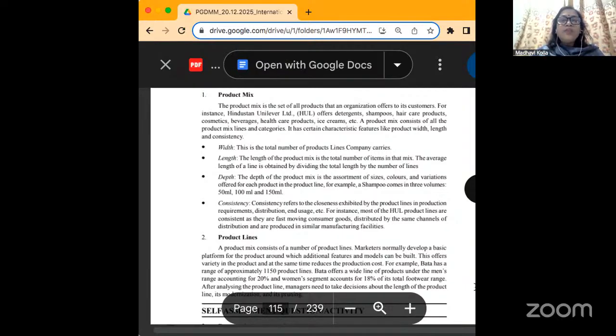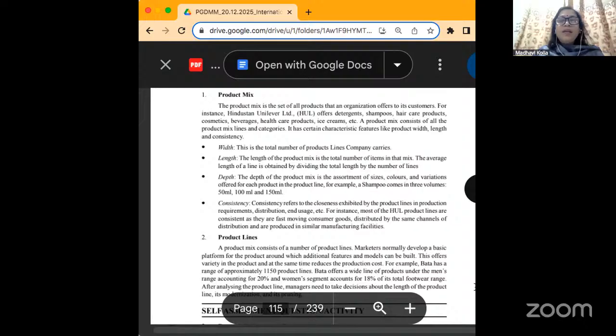The average length of a line is obtained by dividing the total length by the number of lines. So if I have, say, 5 lines and I have 40 products being offered across those 5 lines, then I'm more or less determining an average product length. And then we have depth.